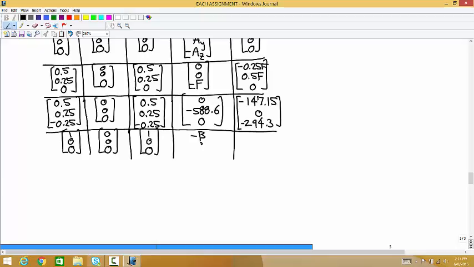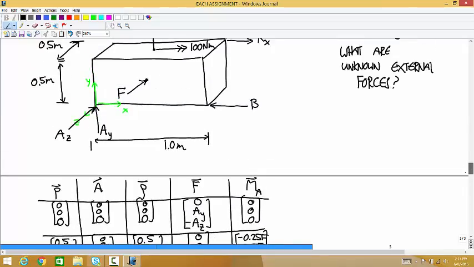Yep, negative B, 0, 0. And the cross product is 0. You can see that makes sense because the line of action of B goes right through the about point. Anytime the line of action goes through the about point, there can't be a moment.